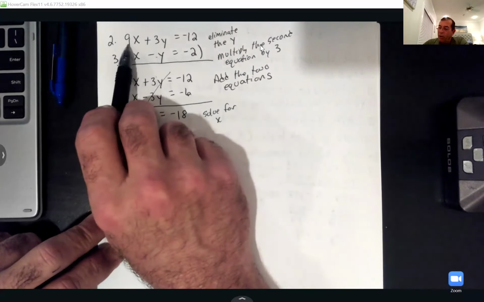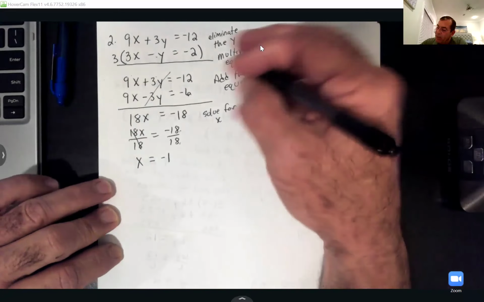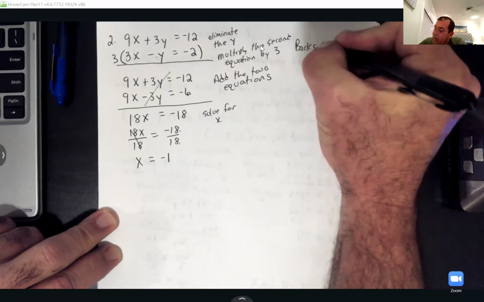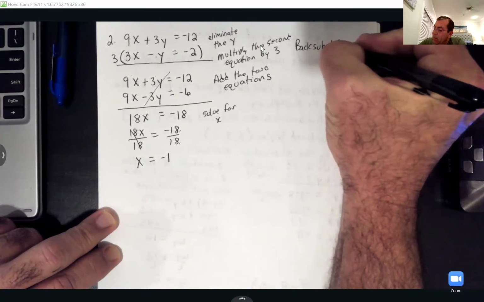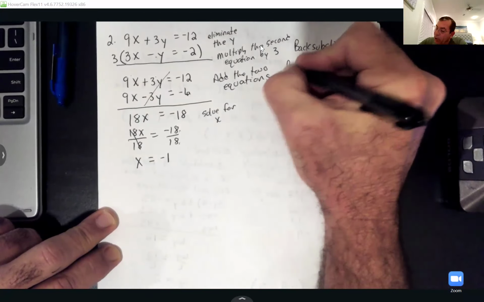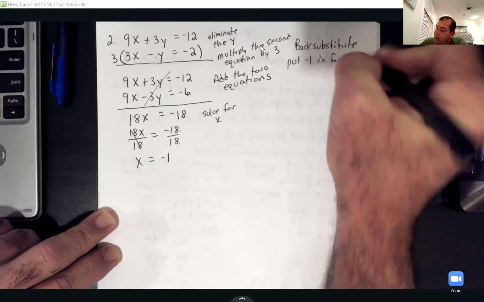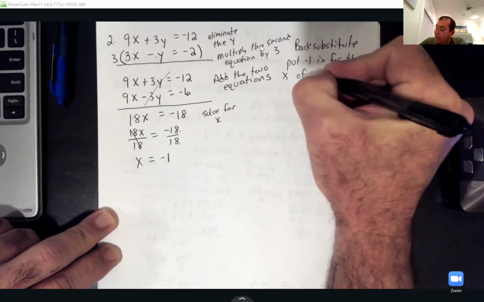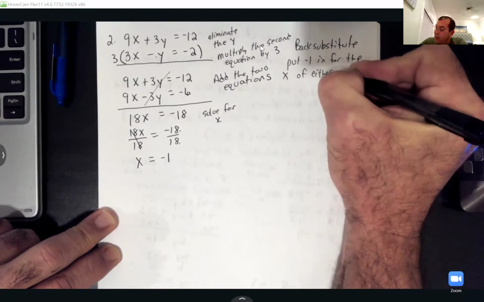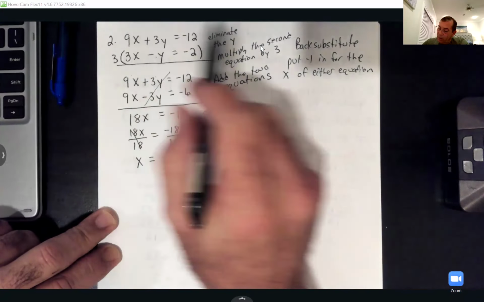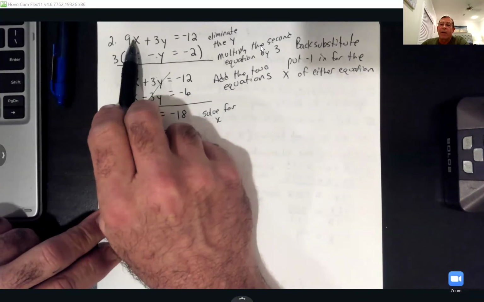So I'm probably going to plug that right into this first equation, remember. So now, remember, I'm going to back substitute. And we're going to put -1 in for the x of either equation. So y'all, I'm just going to put my -1 in for that first x.